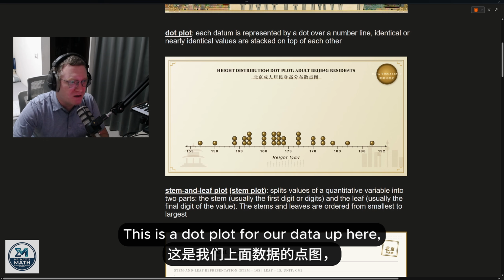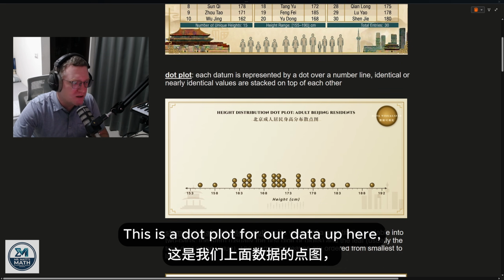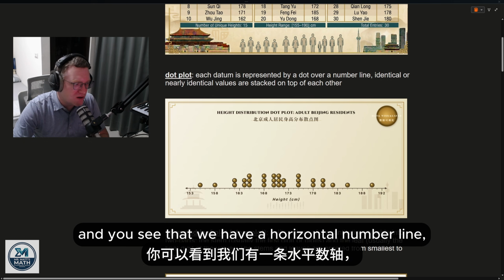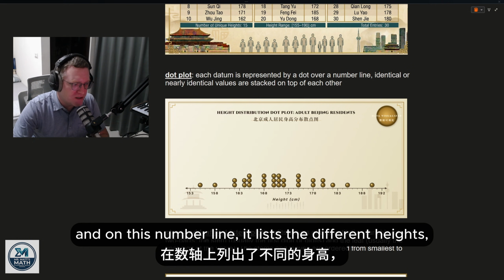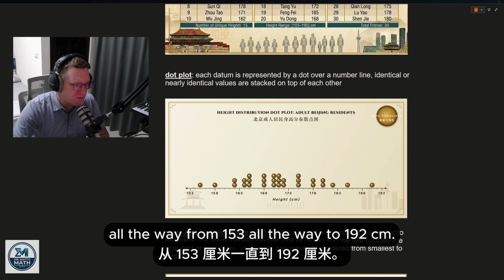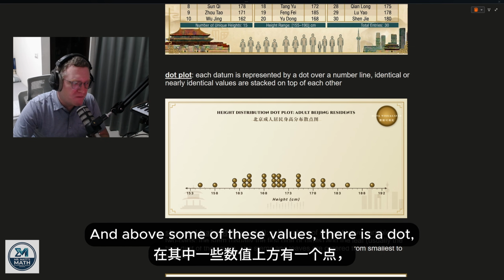This is a dot plot for our data up here. You see that we have a horizontal number line, and on this number line, it lists the different heights, all the way from 153 to 192 centimeters. And above some of these values, there are dots.